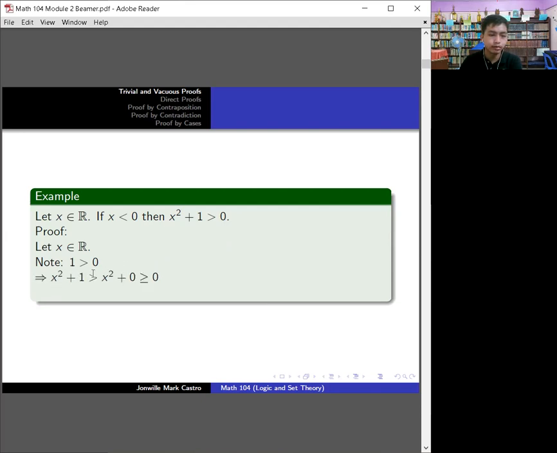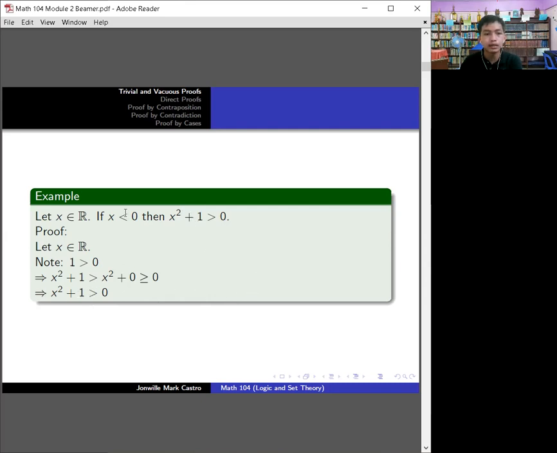So we have X squared plus 1 is greater than X squared plus 0, which is greater than or equal to 0 since si X squared is always non-negative. So, positive or 0 si X squared. So, ito, lagi siyang greater than or equal to 0. So, si X squared plus 1 is greater than 0. Okay? Kasi lagi itong positive. Okay? So, yan. Na-prove na natin yung X squared plus 1 is greater than 0.